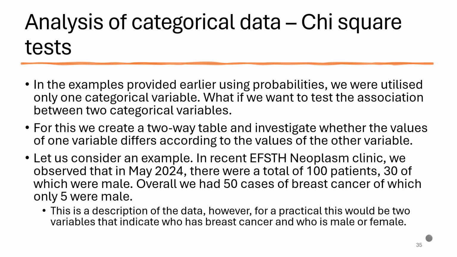So this is just a description of the data. When you're doing a practical on this, you would see the data in its holistic form, where you have probably a categorical variable that says whether someone is male or female, and another categorical variable that says whether someone has breast cancer or not, right?